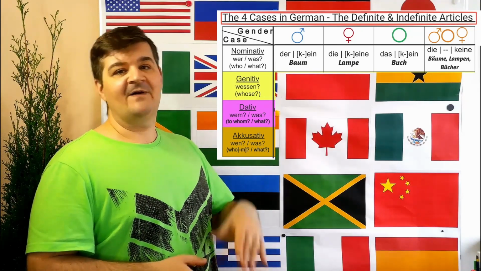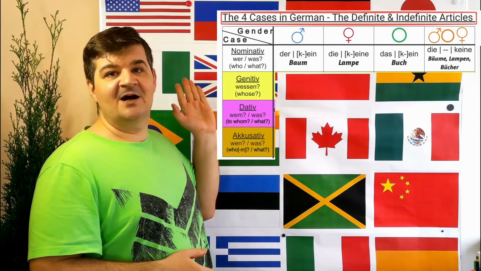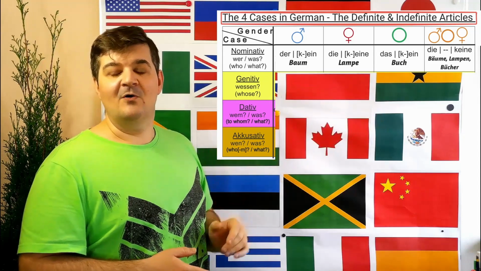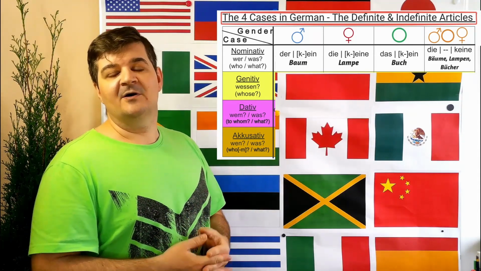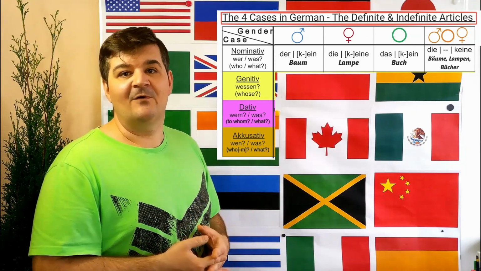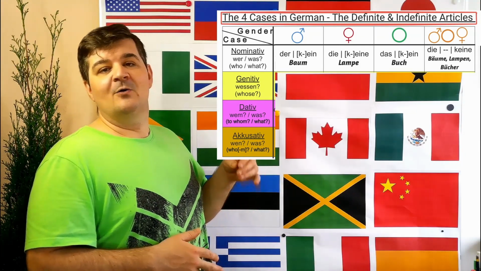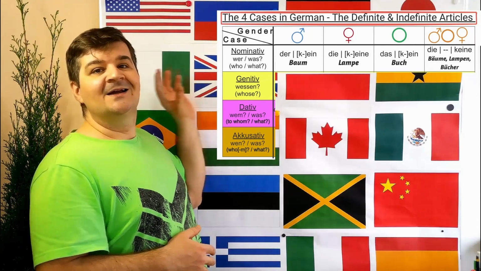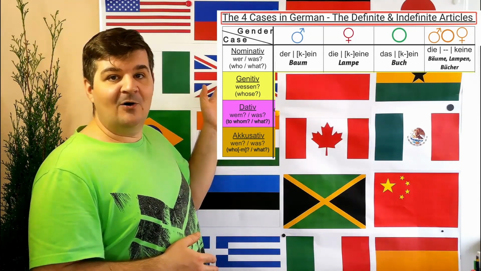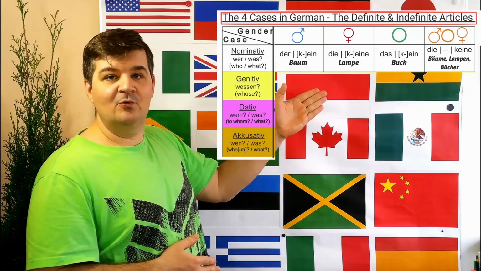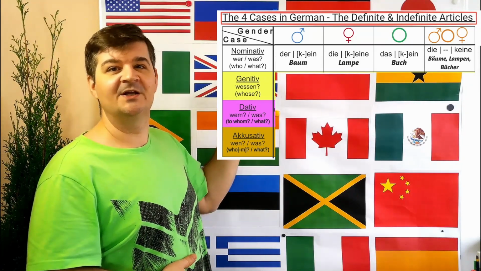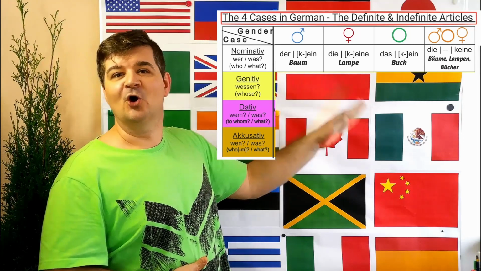So if I start once more the row here of our genders and plural, I will have to say kein Baum, keine Lampe, kein Buch, no tree, no lamp, no book.